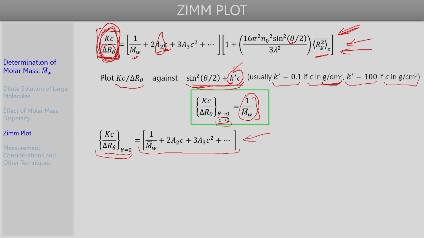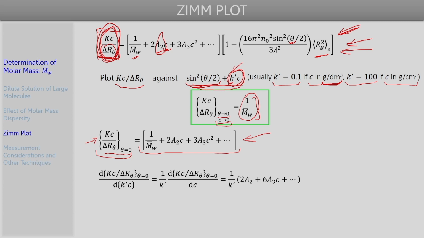When theta equal to 0, all the points being plotted correspond to being plotted against k prime c only, because the sin square theta by 2 term will also be 0. So, if we differentiate this quantity with respect to k prime c, the derivative of Kc over delta R theta at theta equal to 0 with respect to k prime c, then k prime can be taken outside because it is a constant, and we end up with just this derivative.